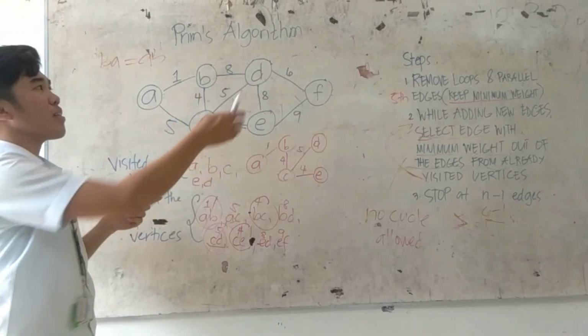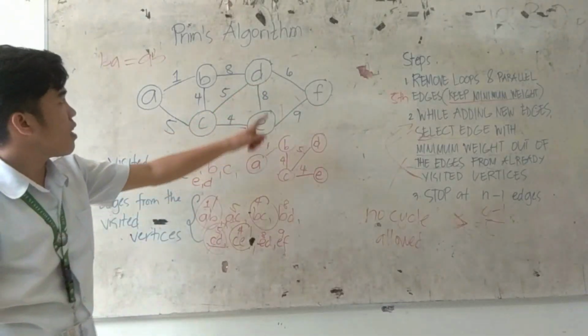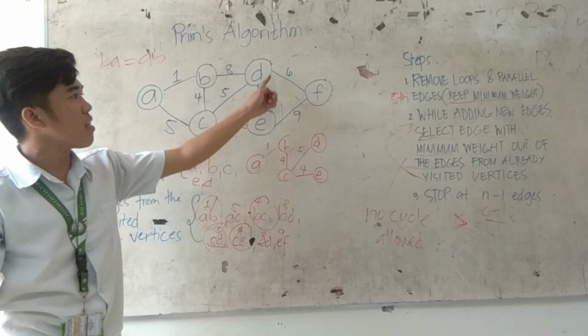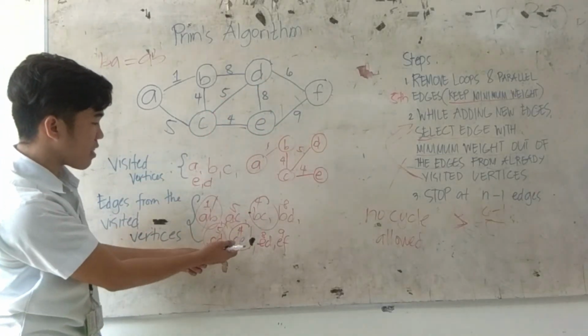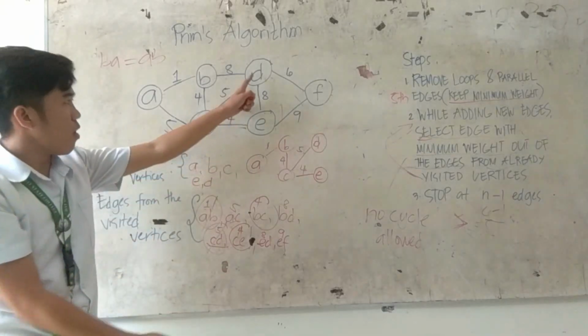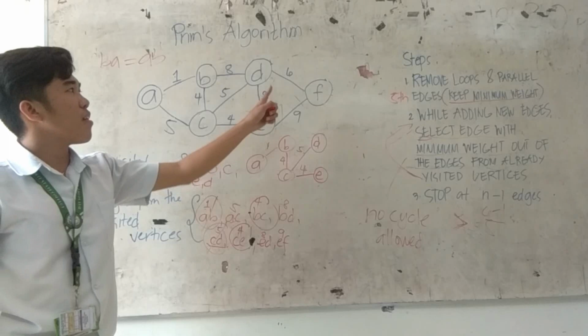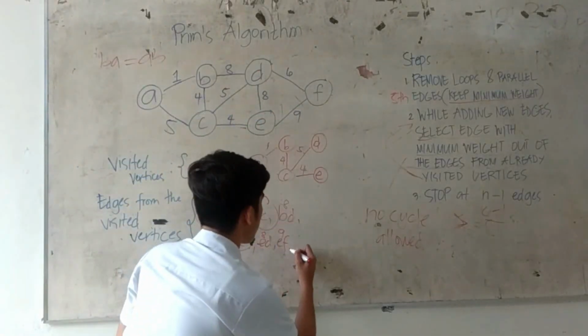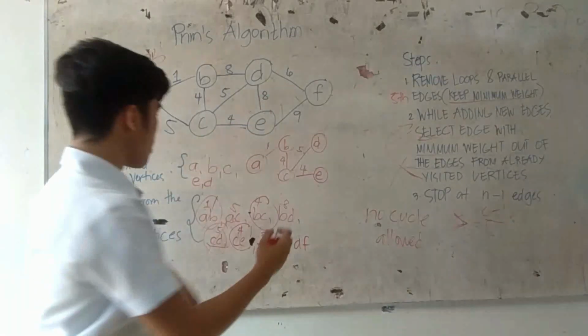What are the edges connected from D? It is DC, DE, DF. So DC is already there because CD and DC is just the same. Also DE because ED is there, so there's only one, DF. Let's write it there. Its weight is 6.